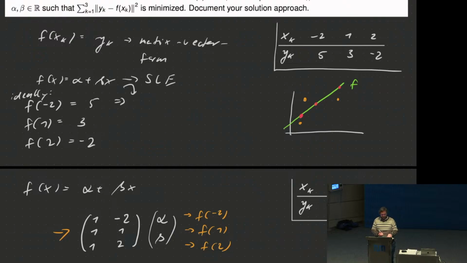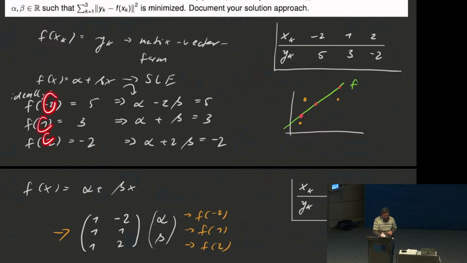So if I substitute my minus 2 in here, f of minus 2 is alpha minus 2 beta, which is 5. From this row, I will get alpha plus beta is 3. And from this row, I will get alpha plus 2 beta is minus 2. Just substitute those values for x, and that's my y values, the right-hand side.